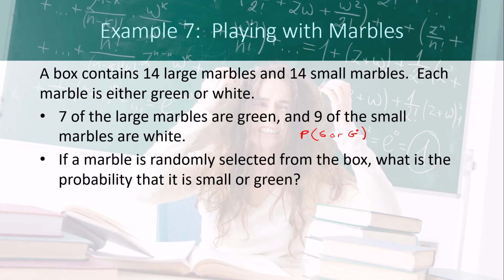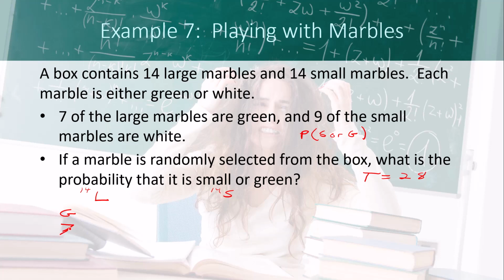Okay, so we have large marbles, we have small marbles. We know that we have a total of 14 here and a total of 14 here, which means the size of our sample space is going to be 28. Now we do know that out of the large marbles, 7 of them are green.